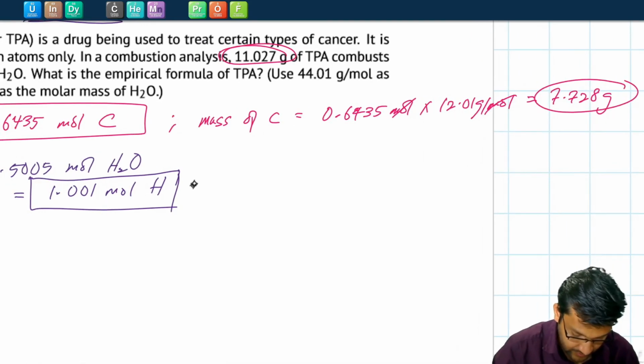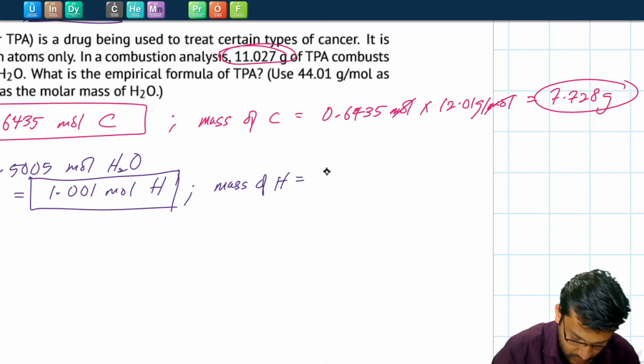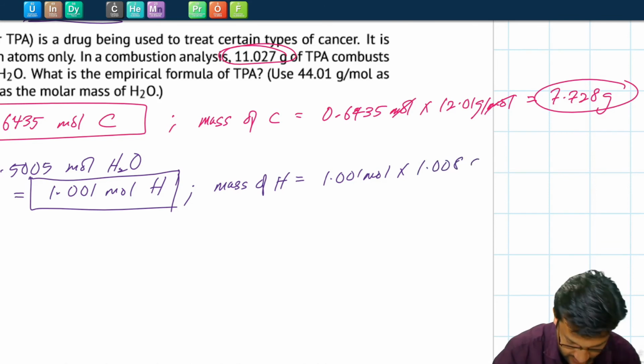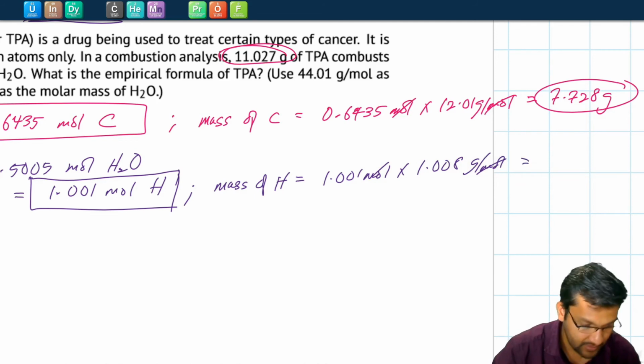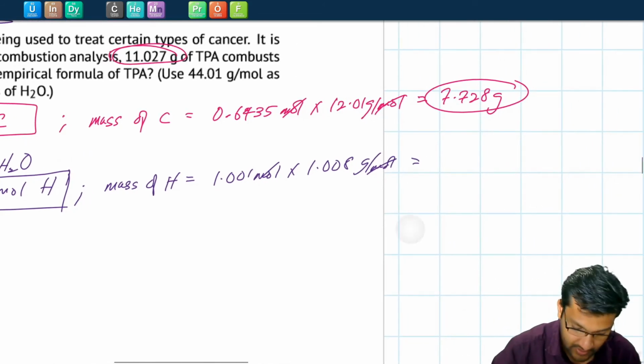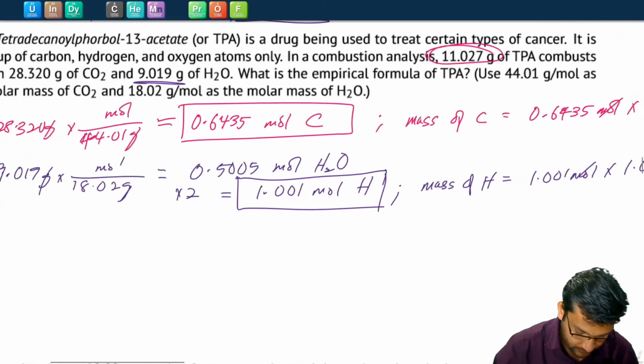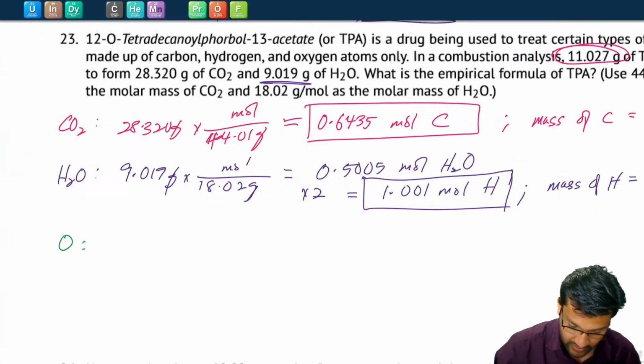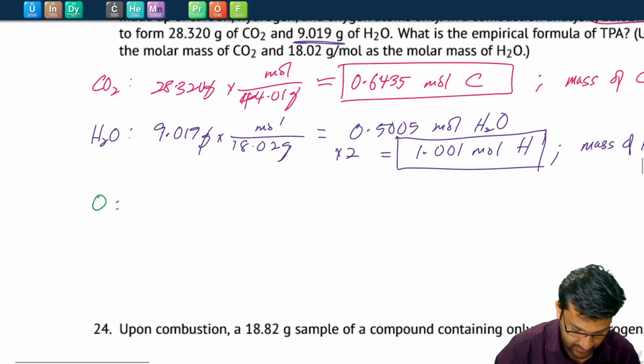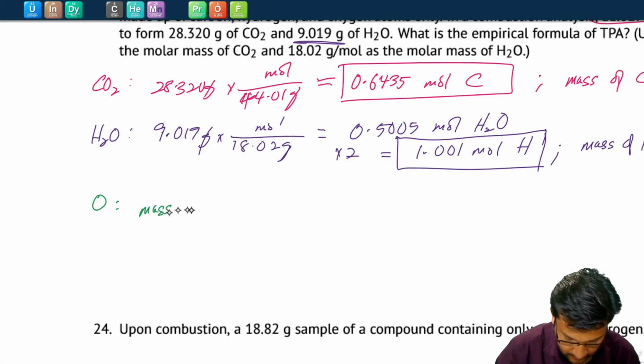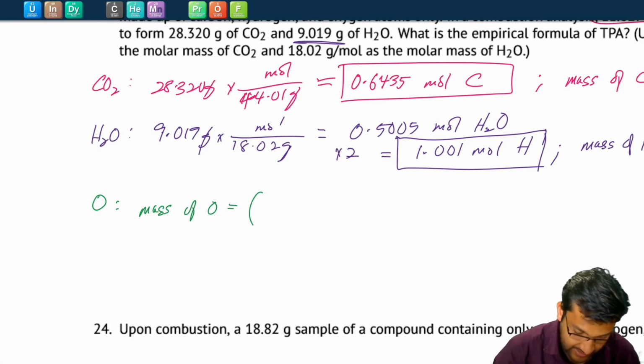Similarly, we can do the same with hydrogen. The mass of hydrogen is 1.001 moles times the molar mass of hydrogen, 1.008 grams per mole. I'm using 4 sig figs just because I don't want to reduce the number of sig figs. And this will give us 1.009 grams of hydrogen.